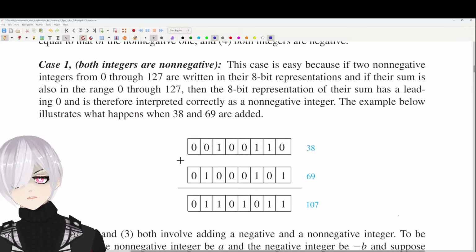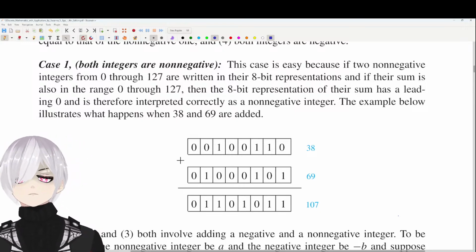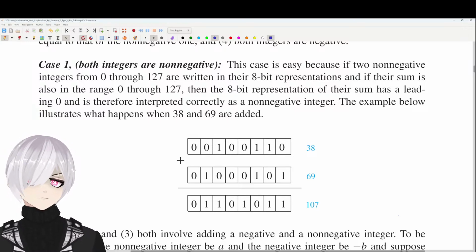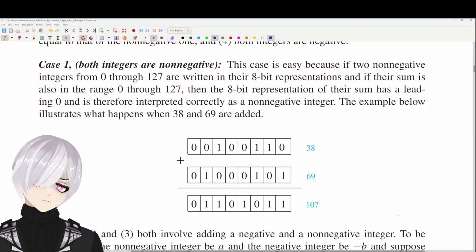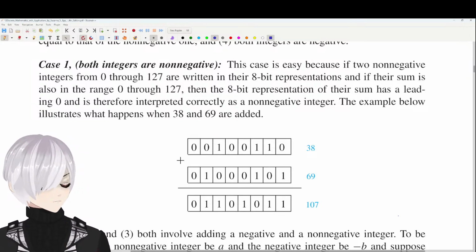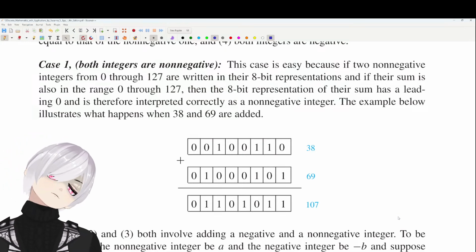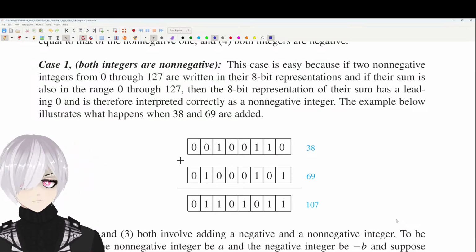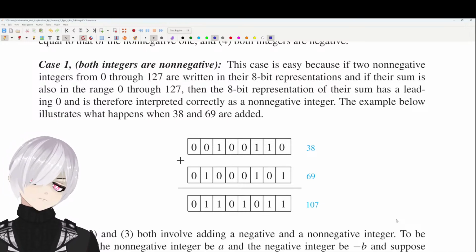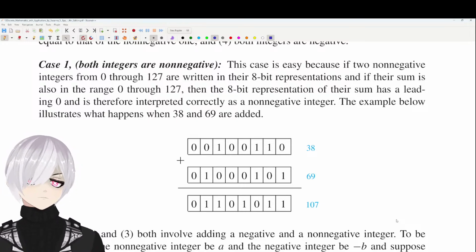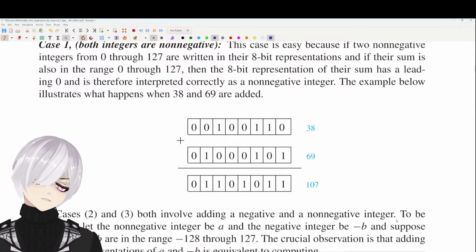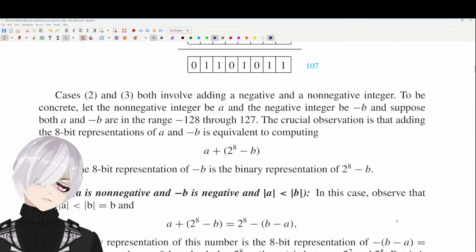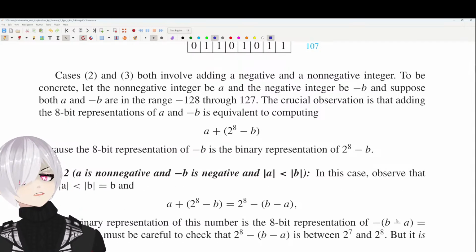We can go all the way up to 255, but in the way we're doing it here, only up to 127, and 128 and beyond are used to represent negatives. So I guess this part is reasonable, because you're specifying that the sum is also in the range 0 to 127, and you're just doing ordinary addition with binary representations. If you're staying within that range, you're still going to have a leading 0 in the 2 to the 7th spot. Right.